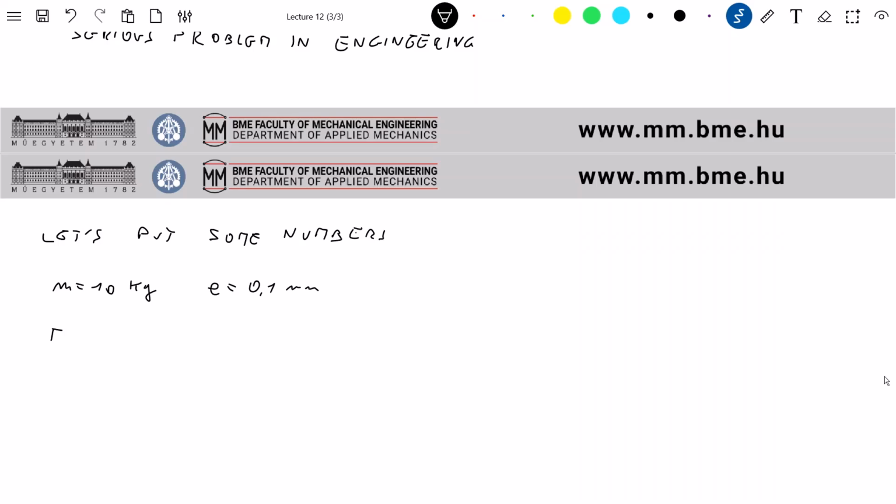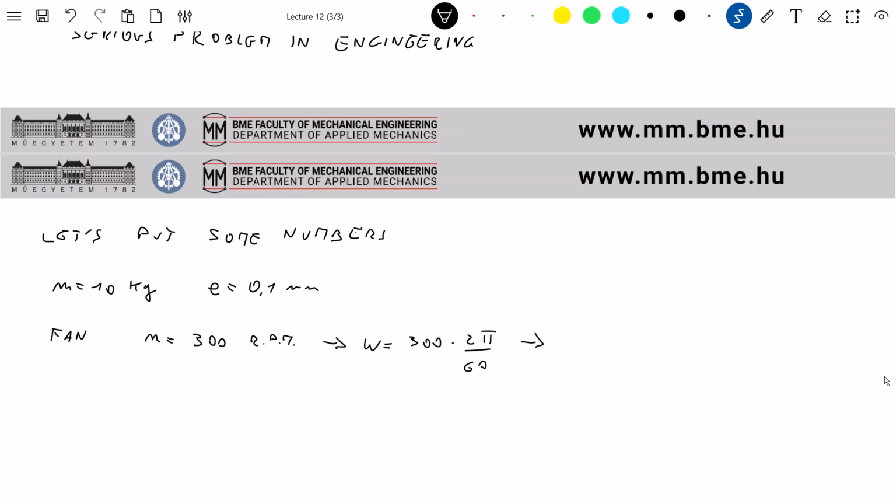Imagine we have this in a fan, to cool down in summer. In a fan we can have a rotation of, let's say, 300 rounds per minute. This means that omega is equal to 300 times 2 pi divided by 60.